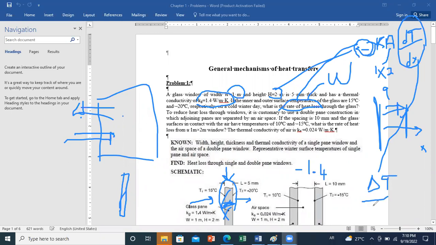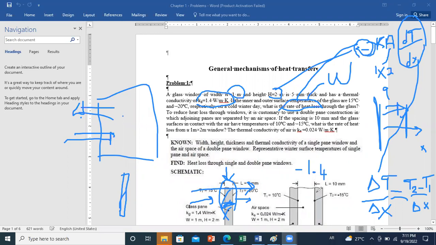Since we are considering the x direction from outside to inside, we do T2 minus T1 over delta x. This gradient will be negative because the outer temperature is larger than the inner temperature.